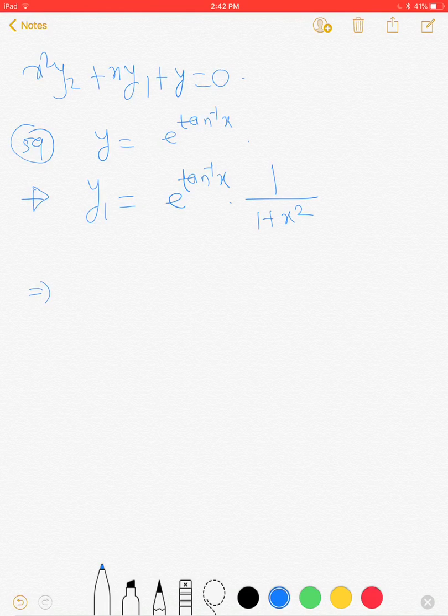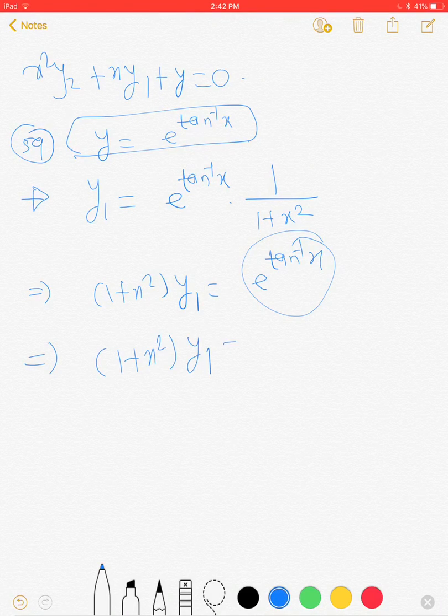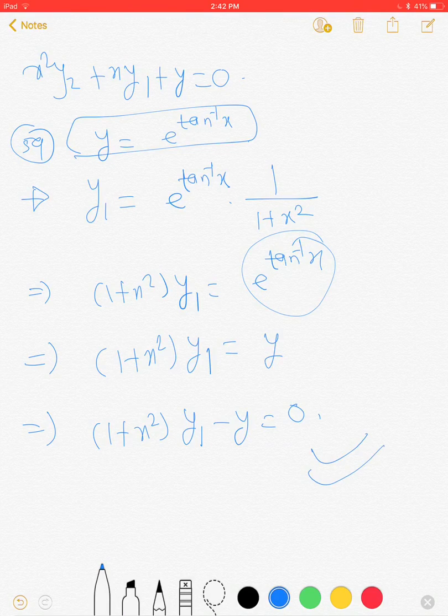So this can be written as 1 plus x square into y1 is equal to e raised to the tan inverse of x. But e raised to the tan inverse of x is nothing but our y function. So 1 plus x square into y1 is equal to y, that is, 1 plus x square into y1 minus y is equal to 0. So this is our correct answer.